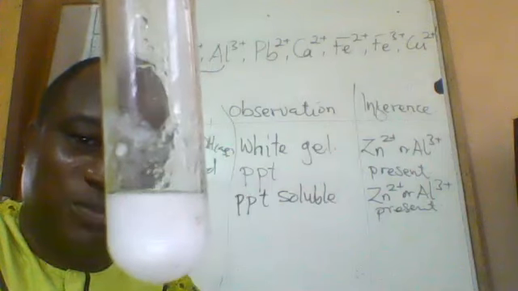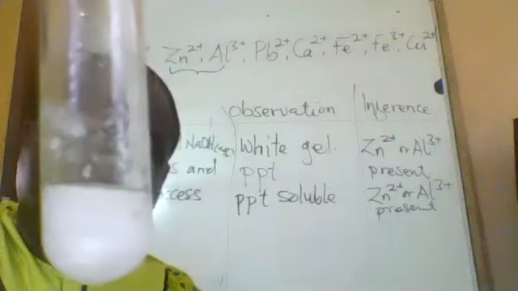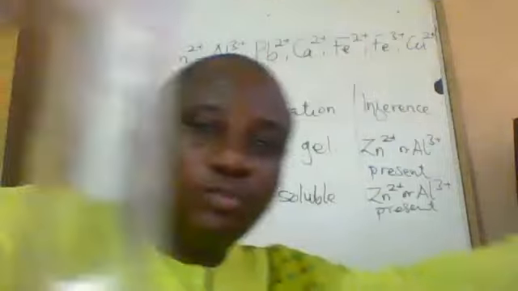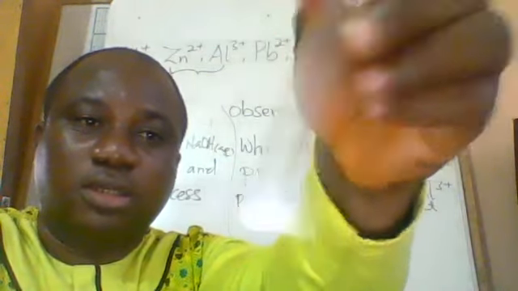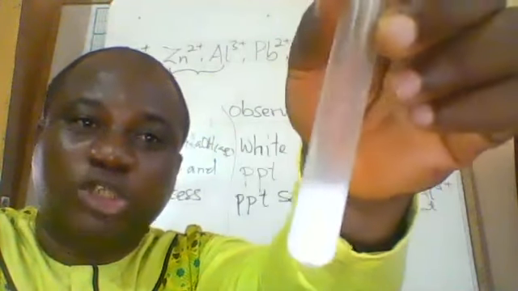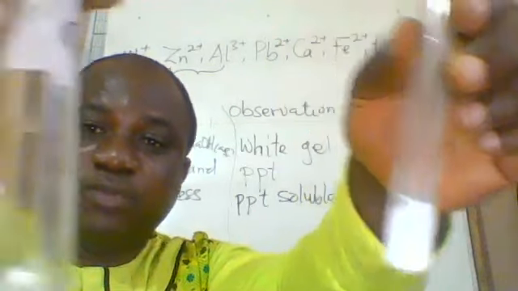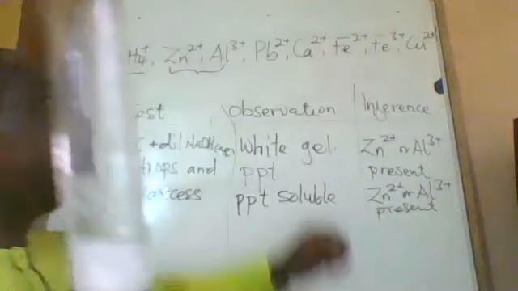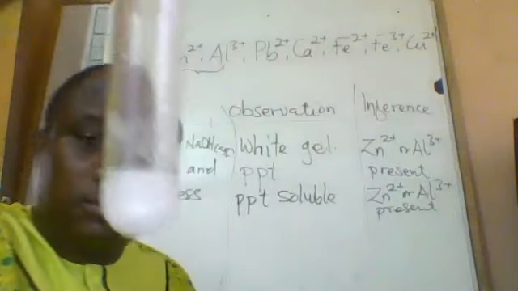Have you seen how it is? That is jelly-like. We have another one which is chalky. Compare this one to this. This one is jelly-like, but this one is chalky, like chalk particles in water. So when the precipitate is jelly-like, it is this kind that they will give you.